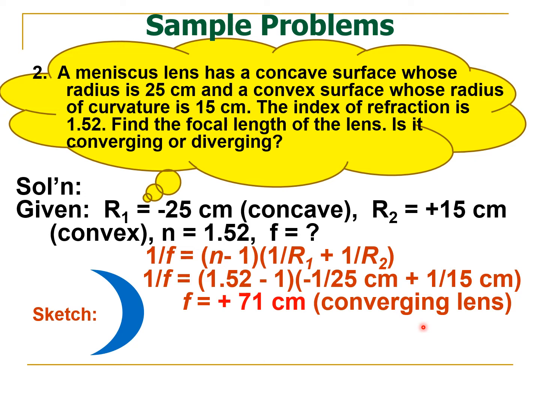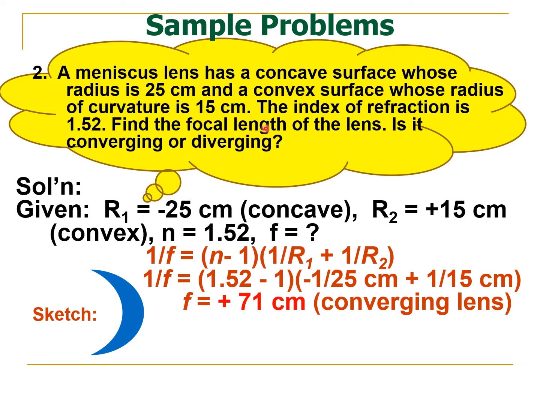Our second example: a meniscus lens has a concave surface whose radius is 25 centimeters and a convex surface whose radius of curvature is 15 centimeters. The index of refraction is 1.52. Find the focal length of the lens. Is it converging or diverging?